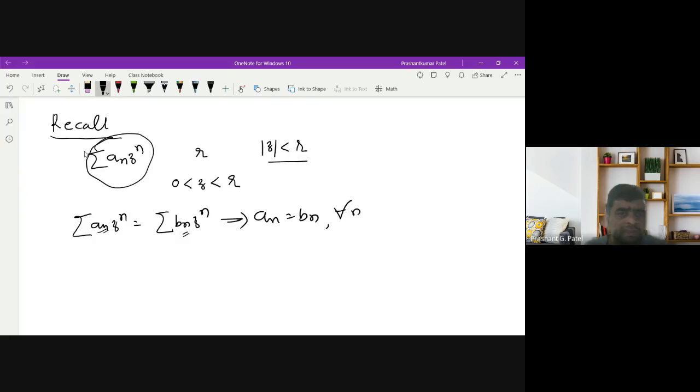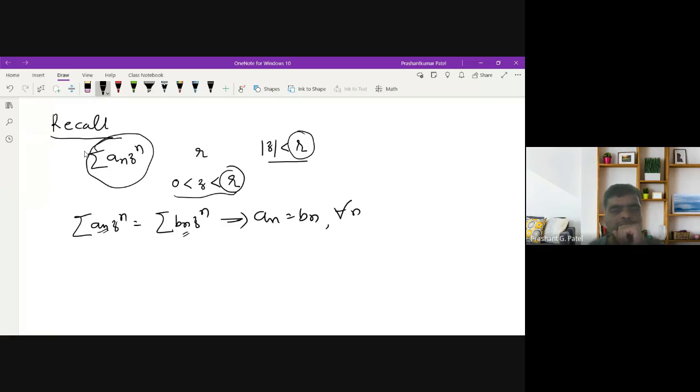In this lecture, we are talking about the convergence of power series at the boundary of the radius of convergence. That means at the point z is equal to r. What we have proved is that at any point inside the interval, this power series is uniformly convergent. Then the question arises, what will happen at the boundary of that interval?